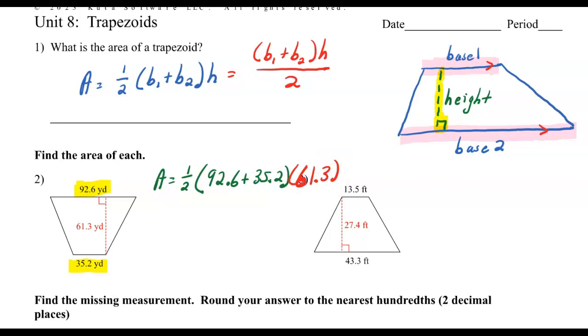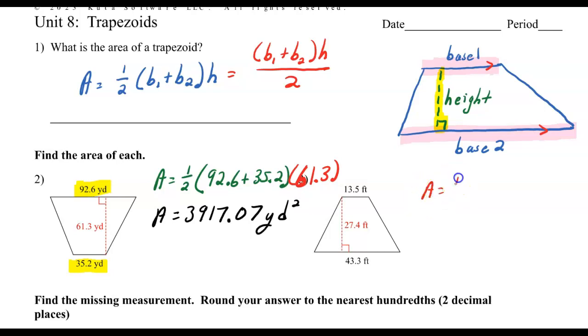Again, in my calculator, I'm going to use 0.5 for the 1/2, but make sure you use parentheses. So 0.5 parentheses 92.6 plus 35.2 parenthesis times 61.3. Doing this calculation, I'll get the area is 3,917.07 yards squared. If you want to pause the screen and try problem number 3, please do so.